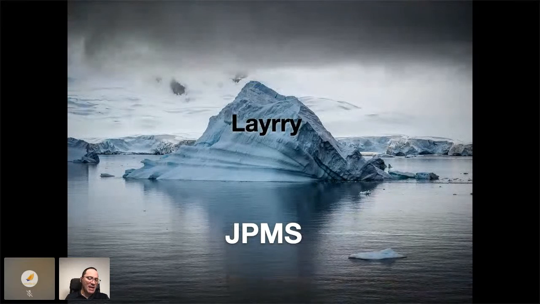Now, Layrry is just the typical tip of the iceberg of what you can do with the Java Platform Module System. It is just a tiny abstraction on top of the vast majority of APIs that the JPMS gives you access to.